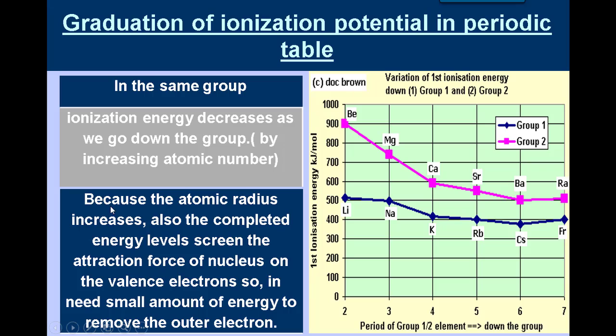As we go down the group, the atomic radius increases, so the complete energy levels that screen the attraction force of the nucleus to the valence electron will increase. So we need a small amount of energy to remove the outer electron. As you can observe here from this graph, we have group 1A and group 2A. You can observe that as we go down the group, the ionization energy decreases.